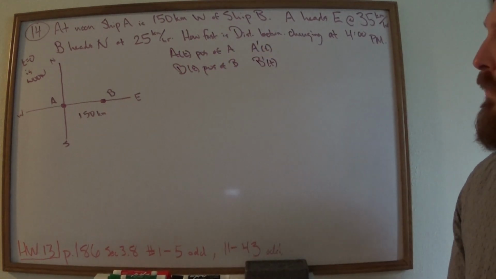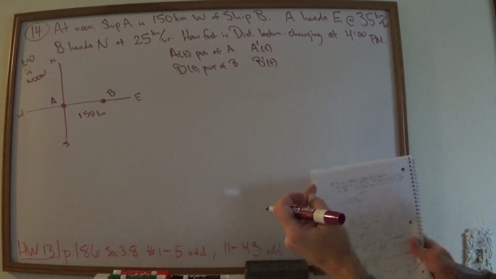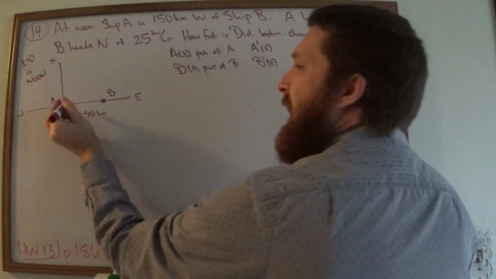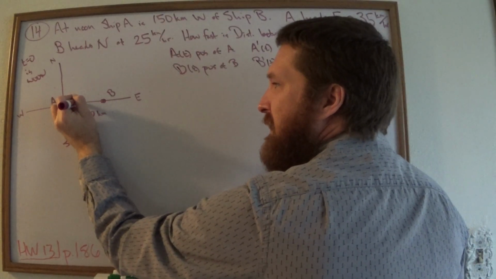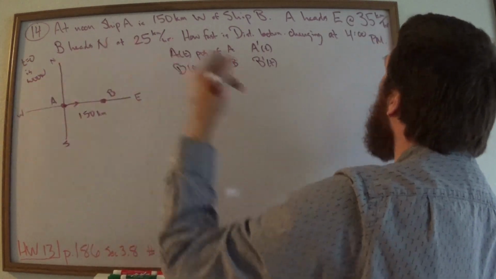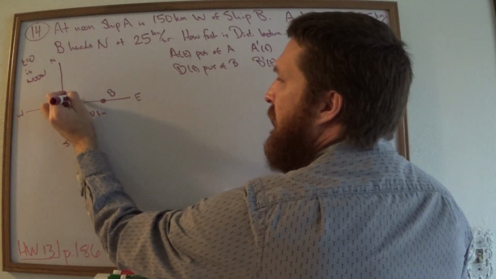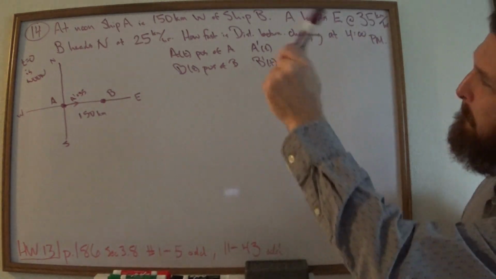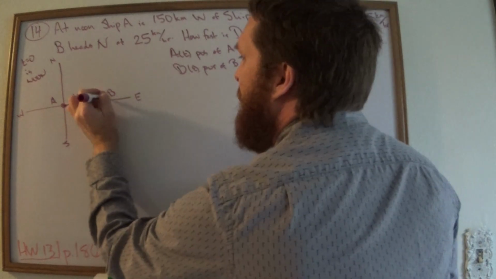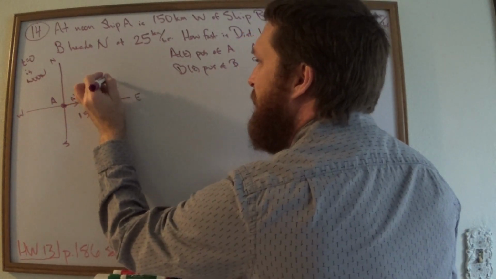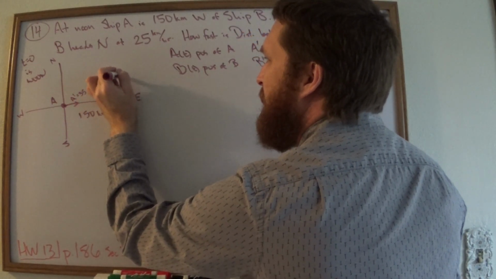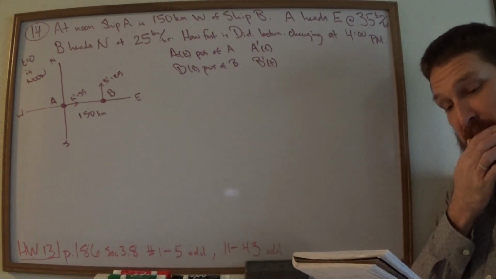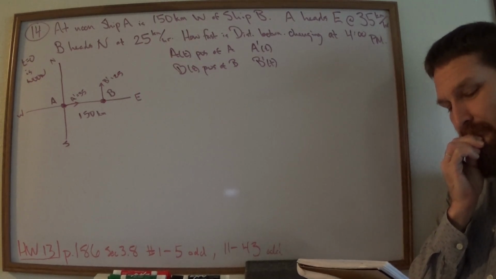Now A is moving which direction? A heads east, so that's this way. I just like to do little arrows like this. So A is moving this way at a rate of A' which is 35. B is heading north, so that's up, at a rate of B' which is 25. Okay. Now, here's the thing.